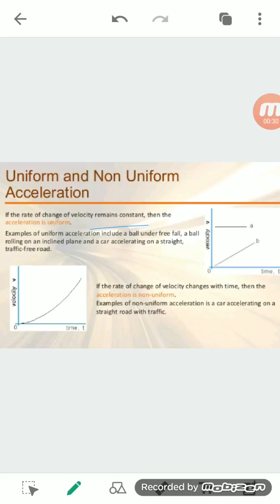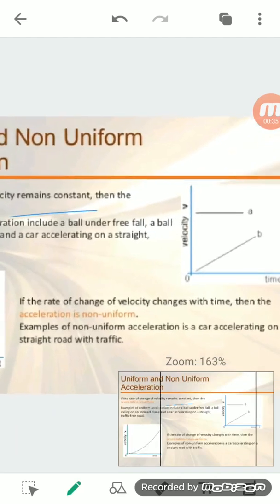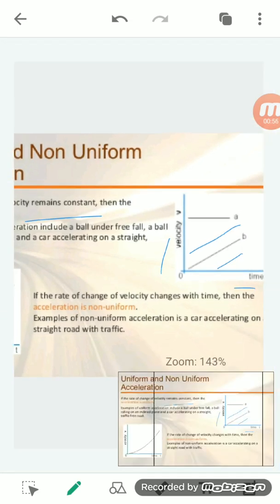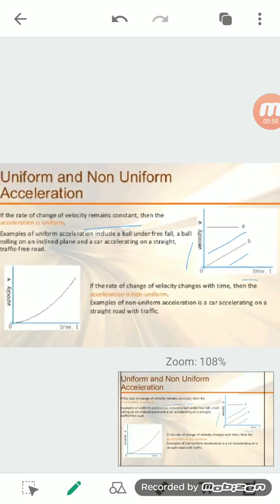It means the rate is uniform, and the uniform acceleration shows the velocity time graph that is a straight line. So this is the velocity, this is the time, and the graph between these two is a straight path, which tells that the acceleration is uniform.